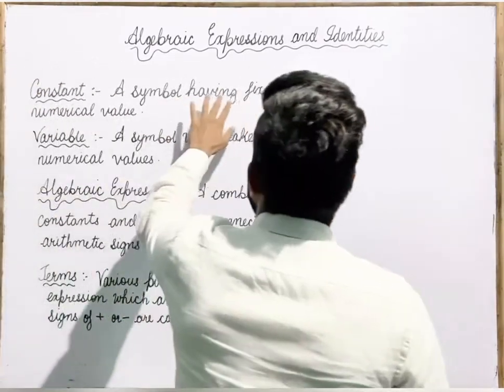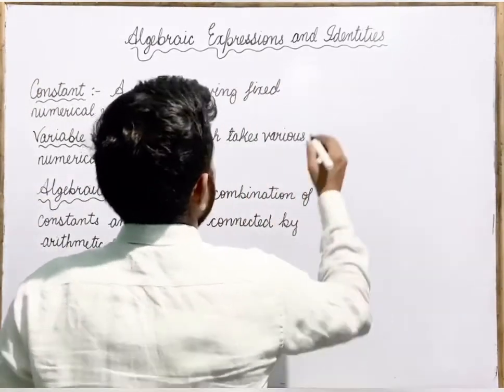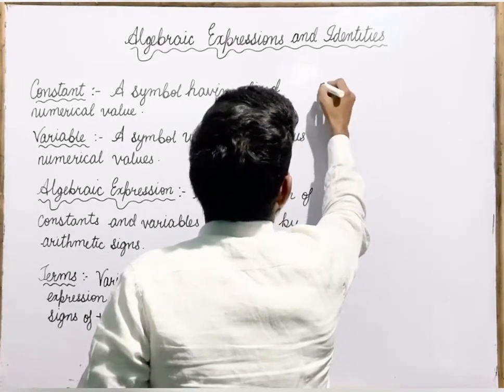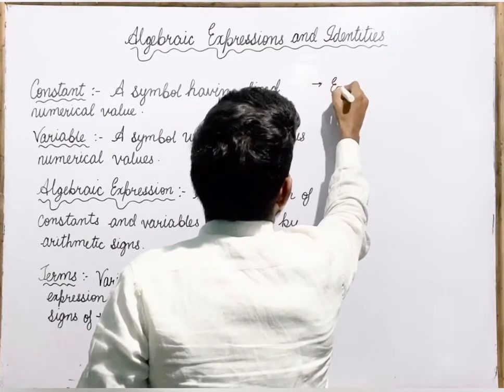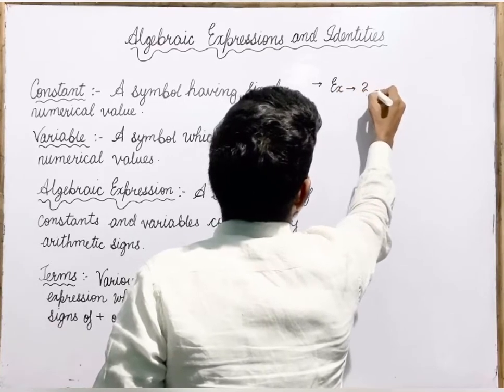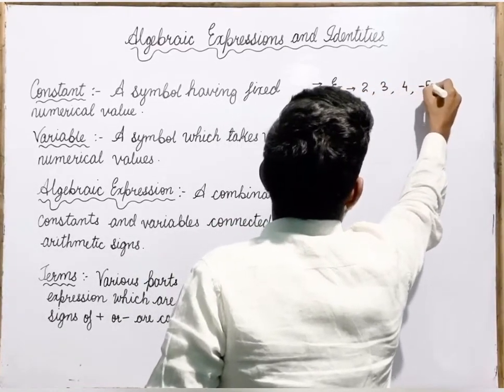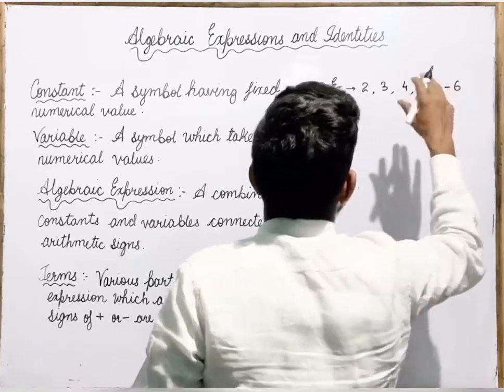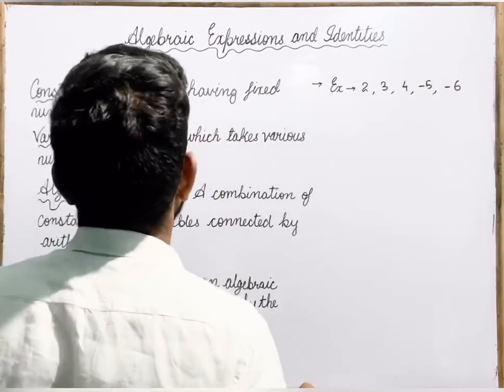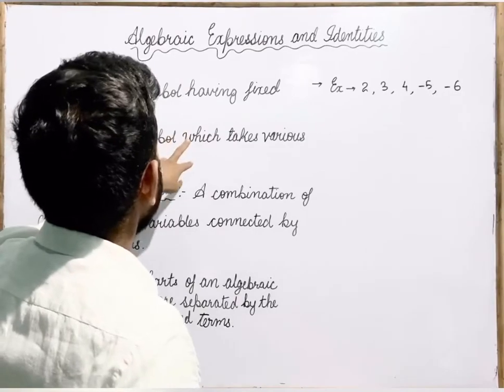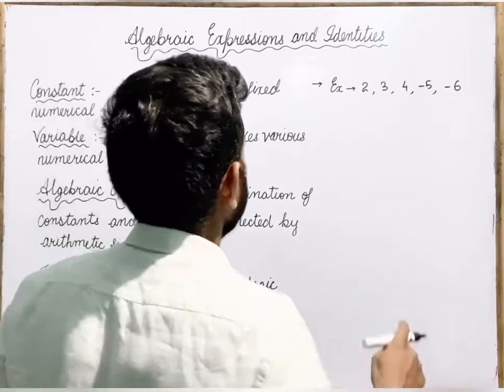Constant, a symbol having fixed numerical value. So examples of constants are 2, 3, 4, minus 5, minus 6. These can be constants. Variable, a symbol which takes various numerical values.